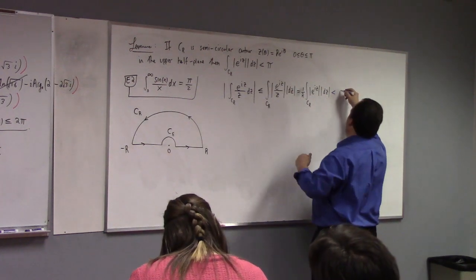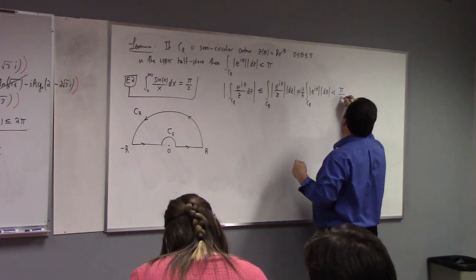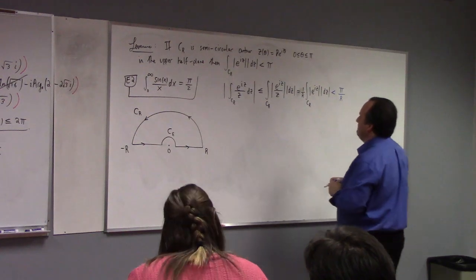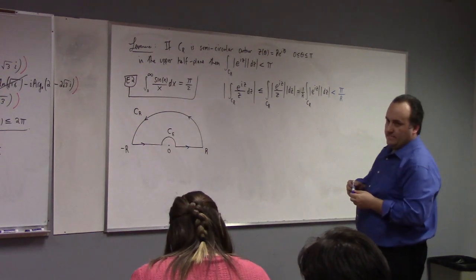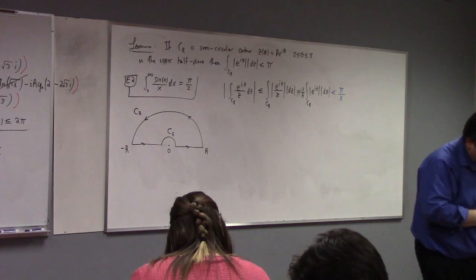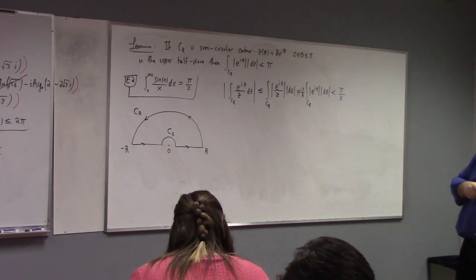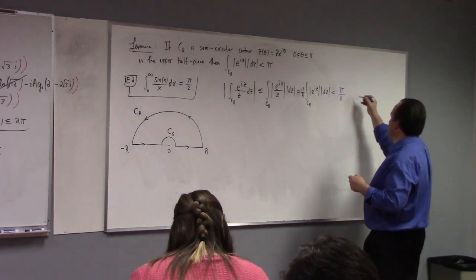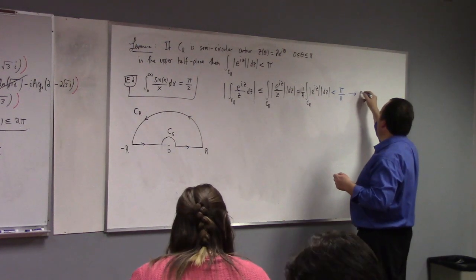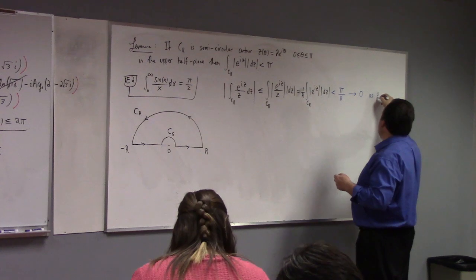Pi. So we've got pi over r. So what happens to this? This goes to 0, right? As r goes to infinity.